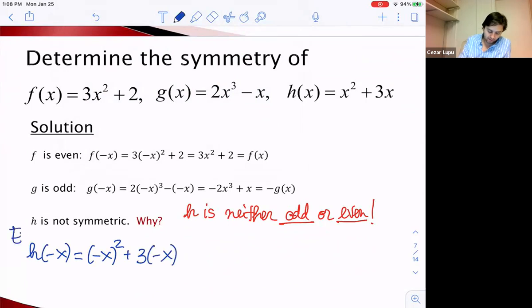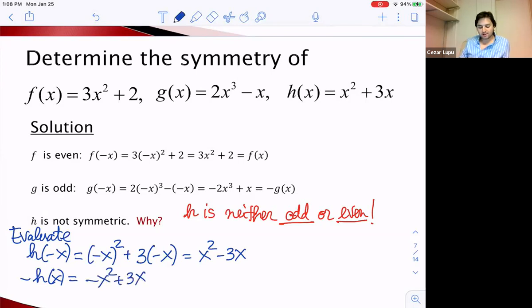So we evaluate. All right, so this would give us x squared minus 3x, correct? And negative h of x is what? Is negative x squared minus 3x.